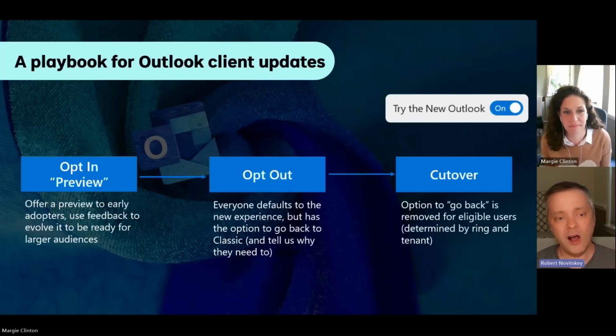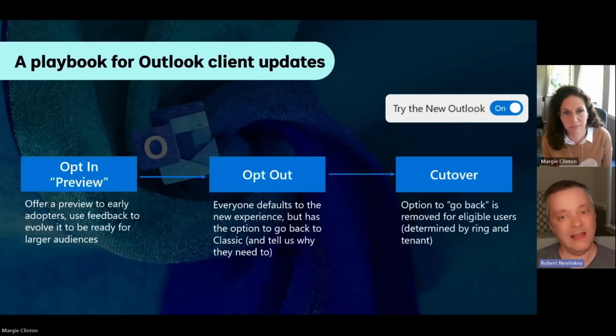And so when we all feel good about what it is that we've built, we'll move to this opt-out phase where you'll start Windows Mail and Calendar or Classic Outlook, and the toggle will be toggled on, and you'll get a little notice that says, "Hey, we're ready for you to try the new Outlook. The next time you restart, you're going to get the new Outlook," and that's what happens.